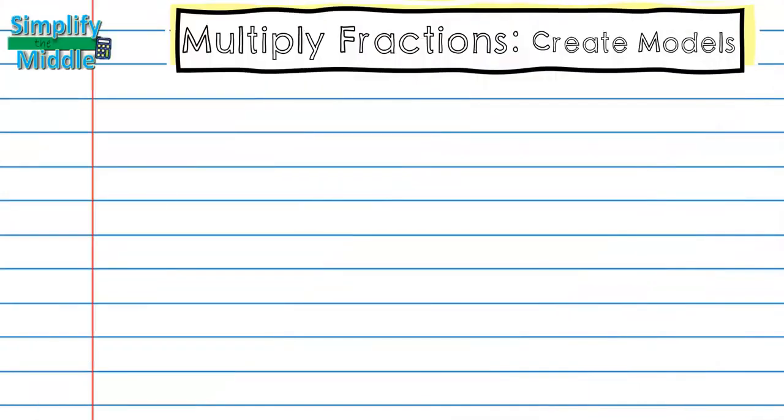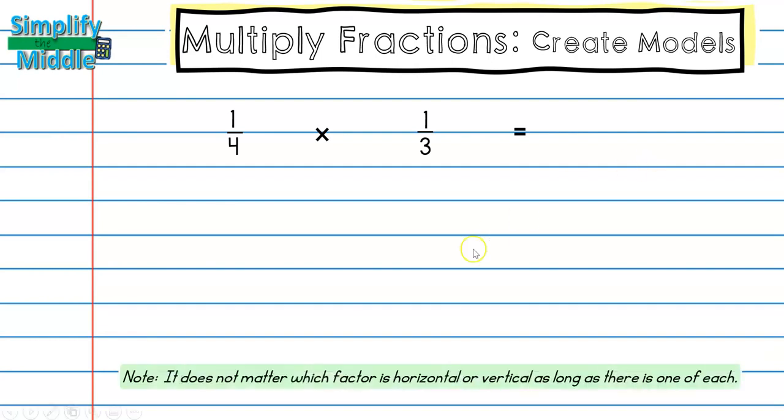Let's try another problem. This time, we're going to try to create this problem in a third box. So let's first draw 1/4. And it's important to note that it doesn't matter which fraction is horizontal, which factor is horizontal or vertical, as long as there's one of each. And remember, a factor is just talking about each one of the pieces that you're multiplying together to get your answer, which is the product.